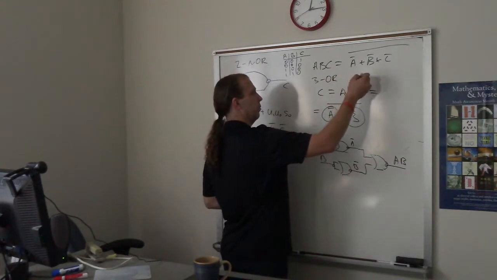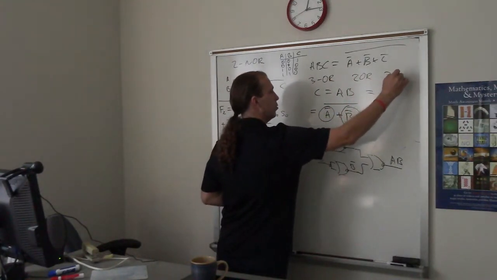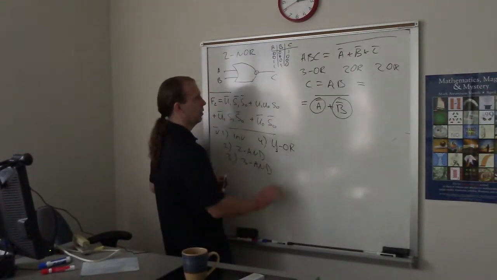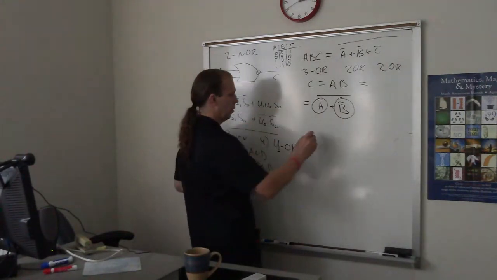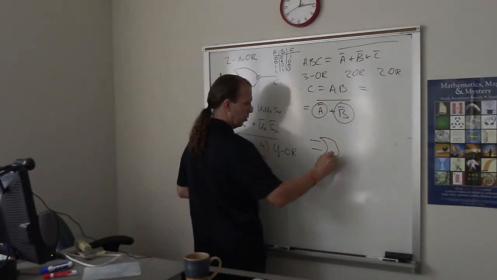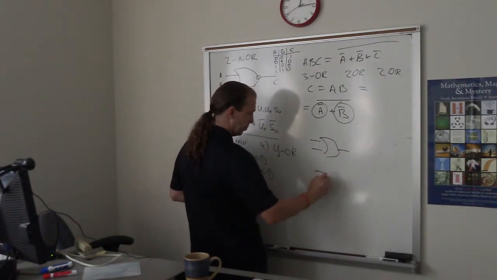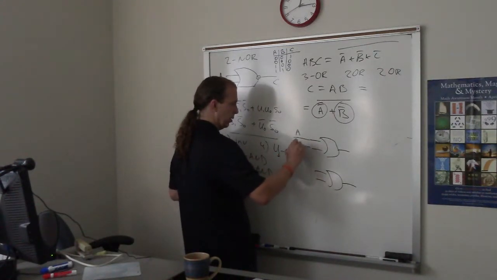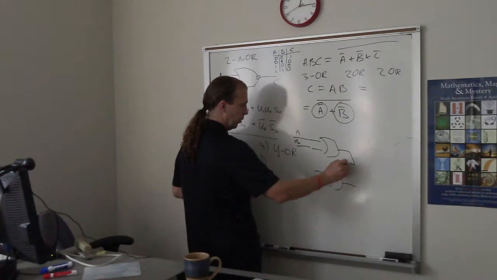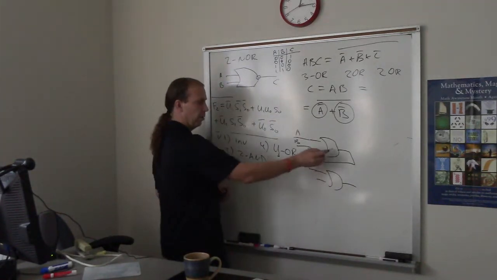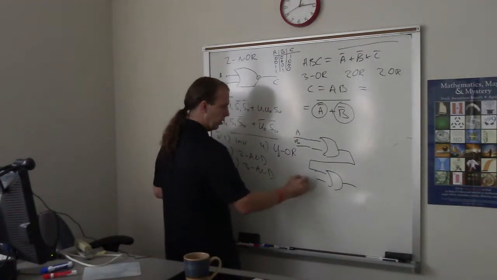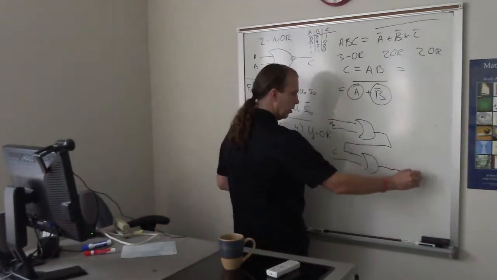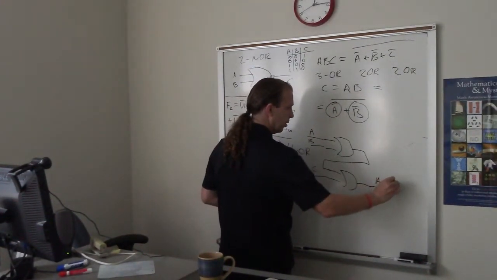It is a 2 OR and another 2 OR. In other words, you might think of this block first. So let me call this A, let me call this B. I want to feed the result of their OR to here, and I want to feed C into the second input of the second OR. So this will be A plus B plus C.